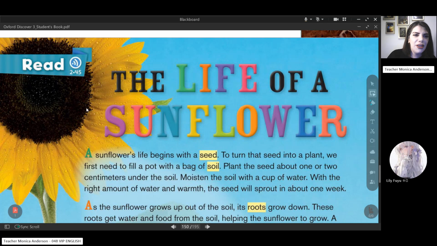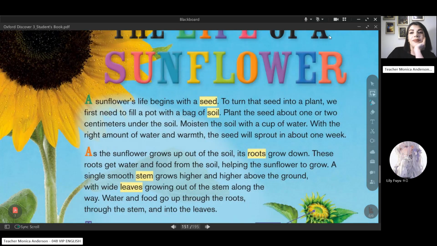Oxford, where are you? Okay, Oxford Discover. Page 150.